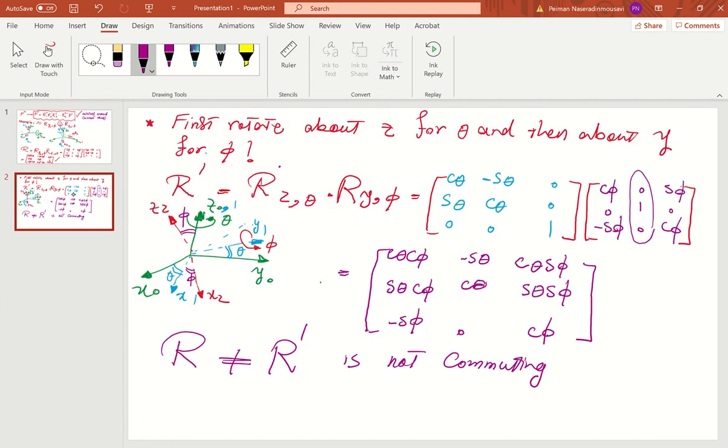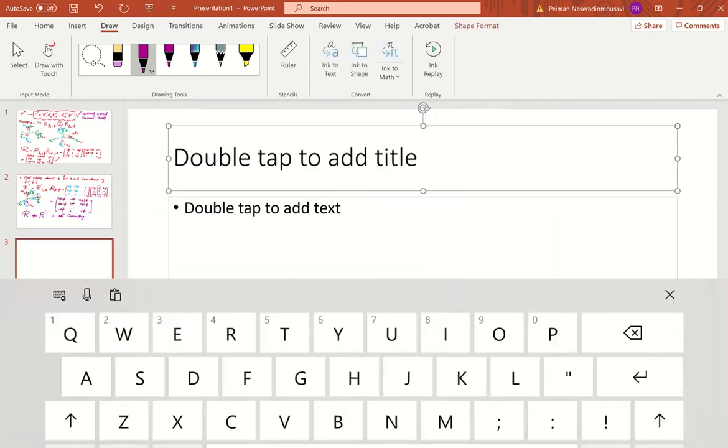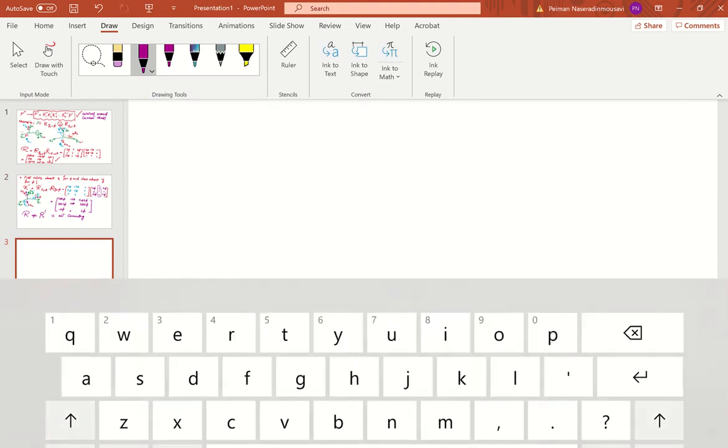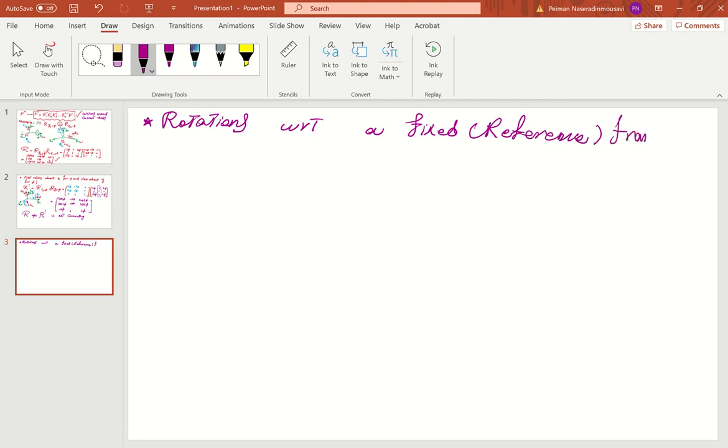So now let us try rotations with respect to a fixed or reference frame.